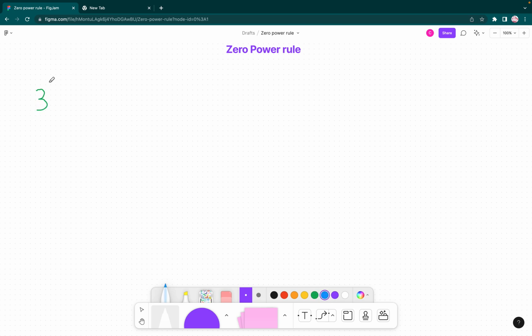So suppose we have 3 to the power of 2, and you were told to simplify this. When we simplify, this is what we get: 1 times 3 times 3.